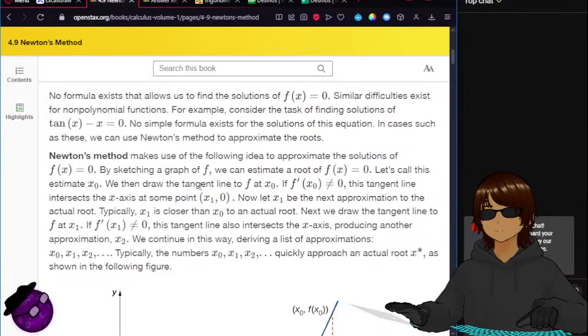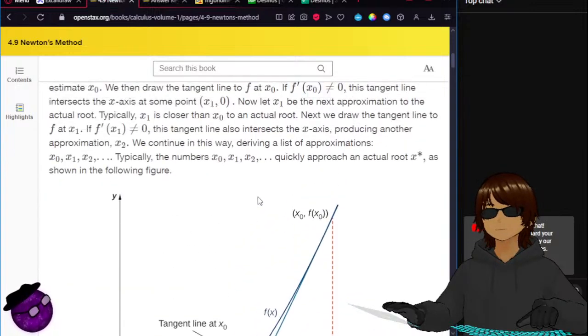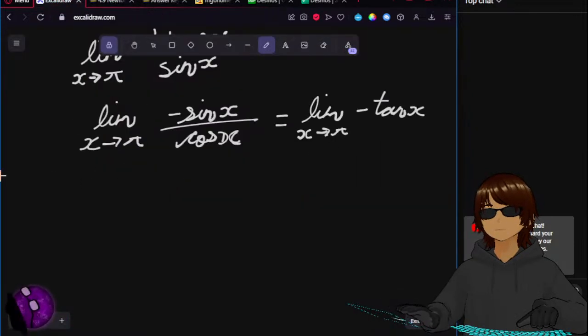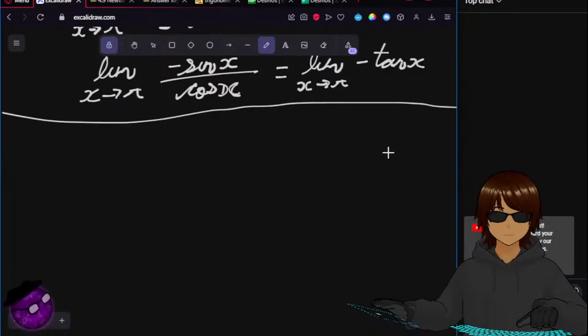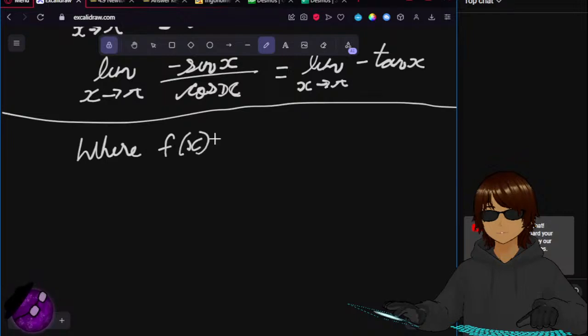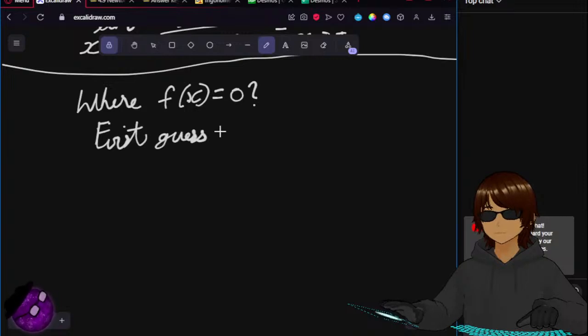We can then draw a tangent line to f at x0, and see where the tangent line meets the x-axis, as a better guess for where f(x) = 0. So the first guess is x0.